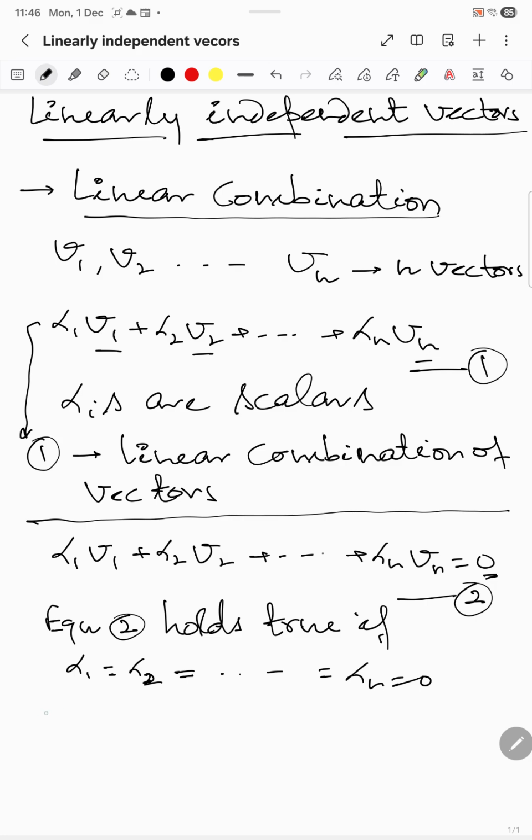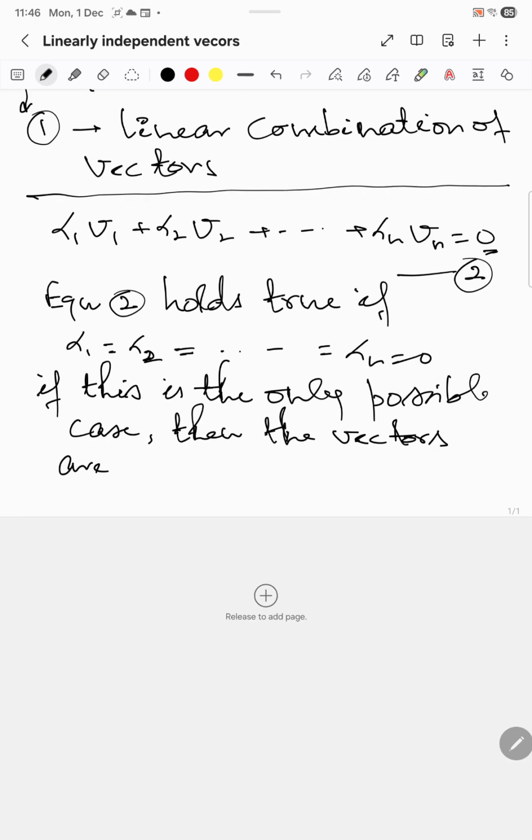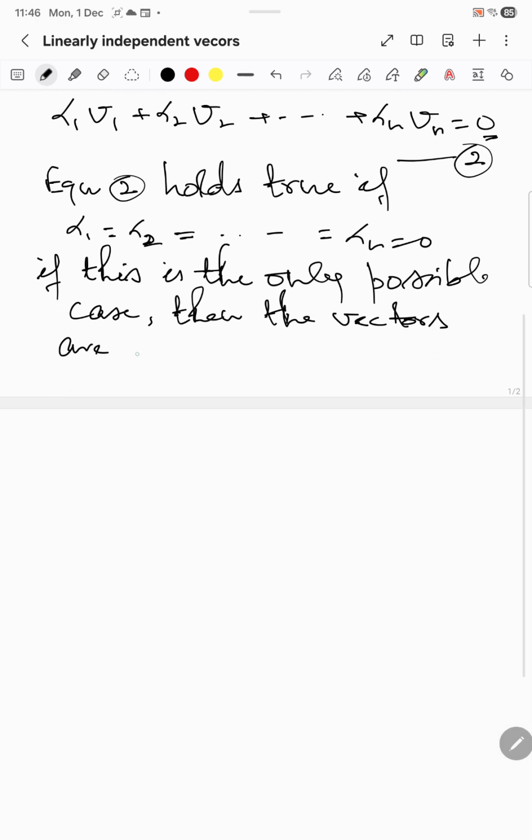So if this is the only possibility, or you can say the only possible case, then the vectors are said to be linearly independent.